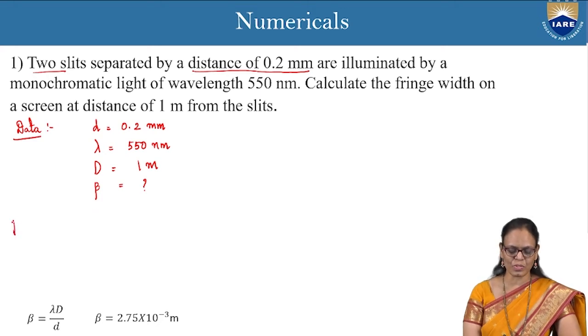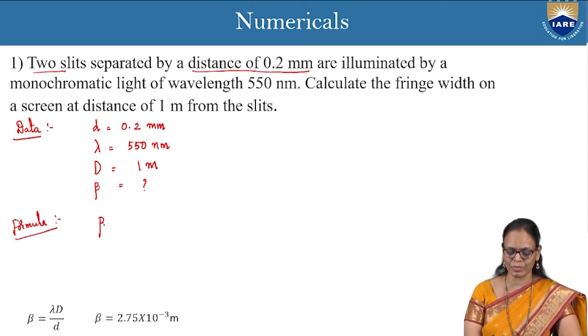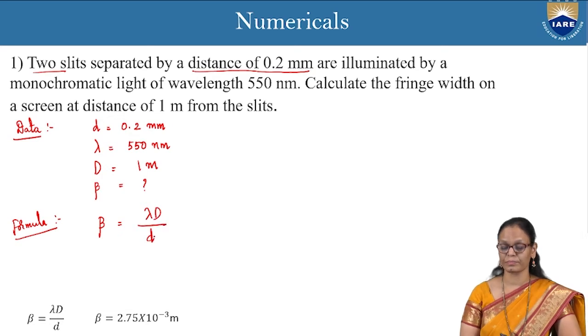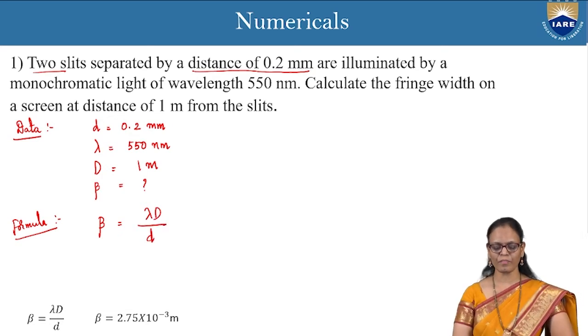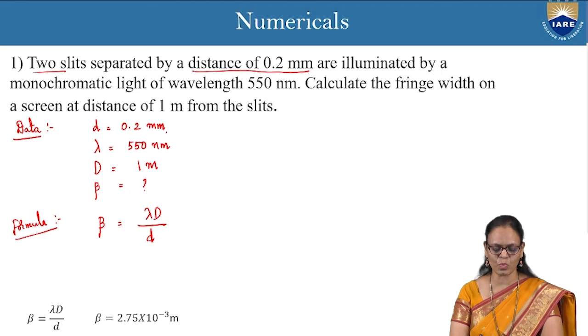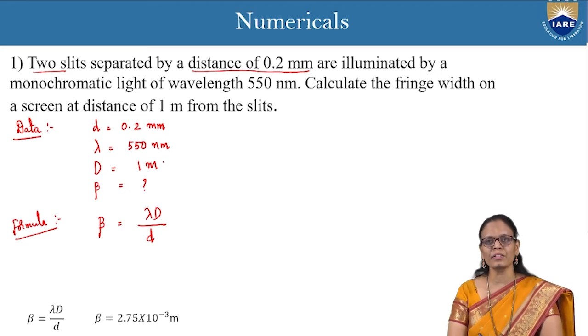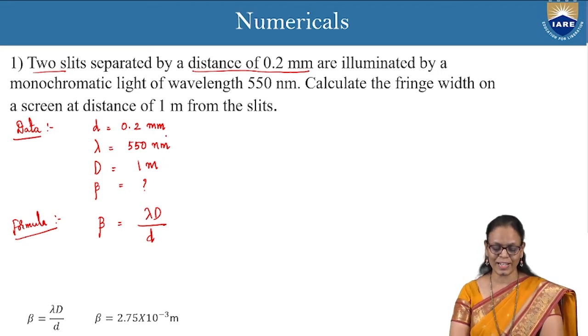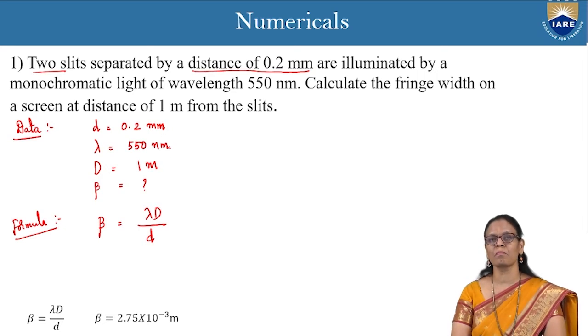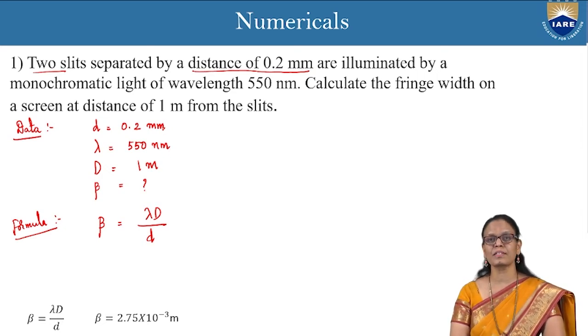So the next thing is which formula we are going to use. The formula is beta is equal to lambda D by small d. Now if you see, we have these quantities in different units. Of course it is in the same system, but the unit is different.